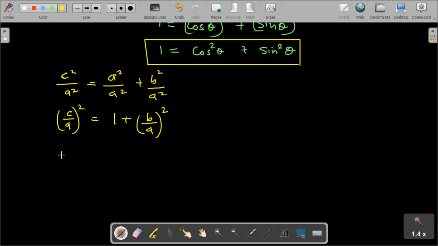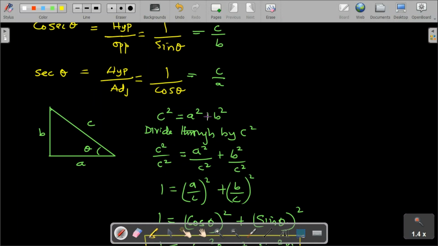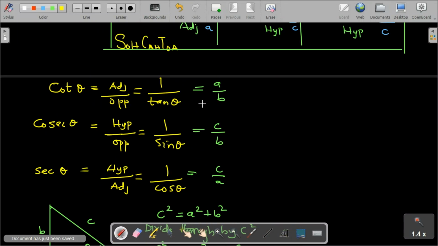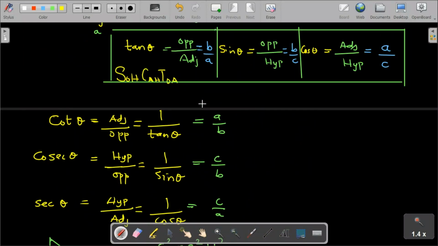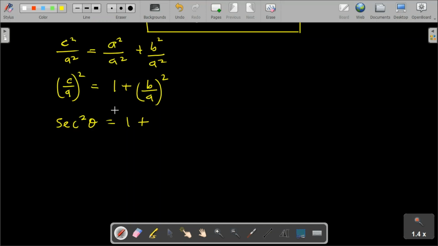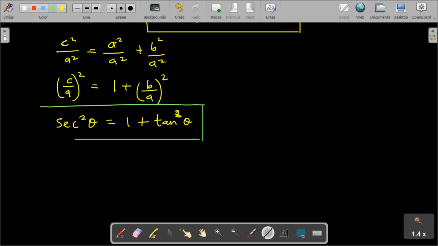So because of the square, you can write sec square theta equals 1 plus, and our B over A has been obtained as tan theta. So that's 1 plus tan squared theta. So this is another identity that we obtained by combining what? By combining the Pythagoras rule and the trigonometric ratio.